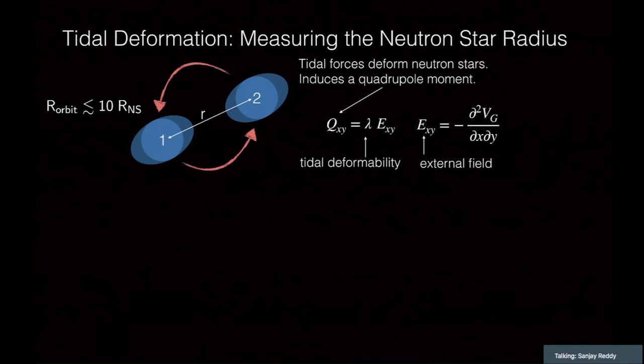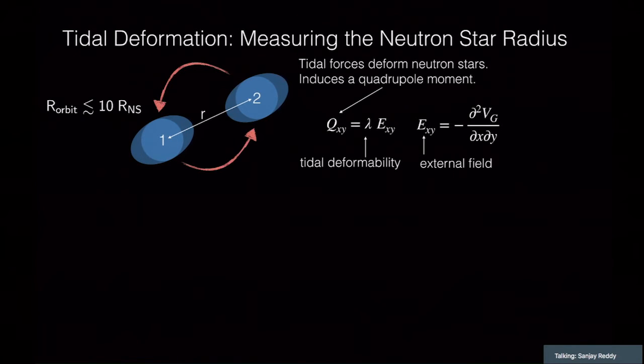There are two quantities relevant in the analysis of tidal deformation. One is called the quadrupole deformation, denoted by the function q, and the second quantity is the tidal force itself, which depends on the second derivative of the gravitational potential at object 1 due to object 2.